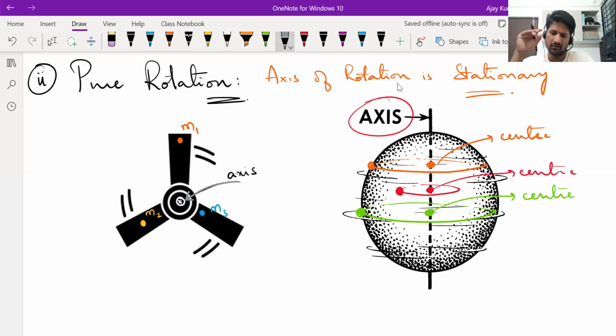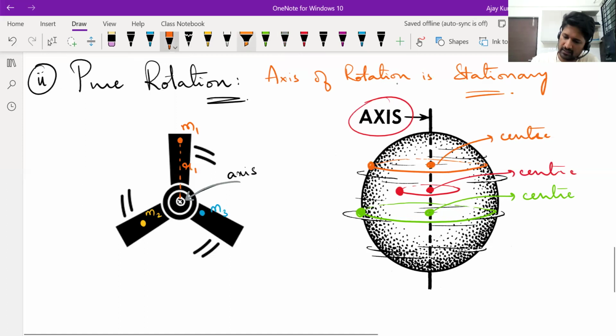Okay, fine. Now in pure rotation, all these particles will be executing circular motion around this axis. And as you can clearly observe, each particle can have a different radius in which it rotates. M1 rotates in a radius R1, M2 rotates around that axis in a radius R2, M3 rotates in its own radius R3.